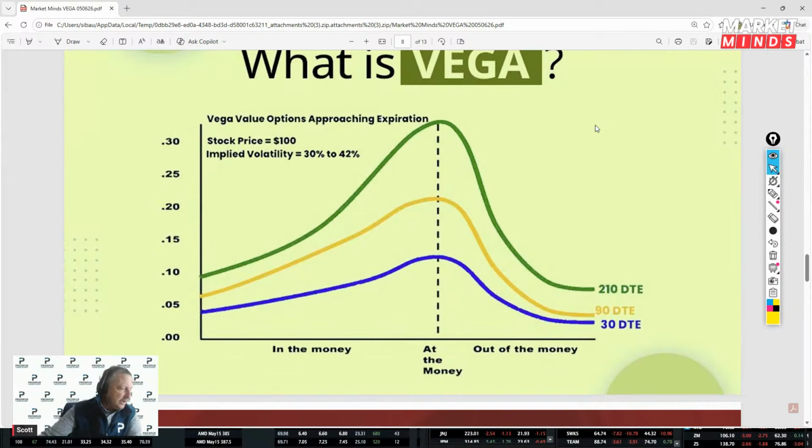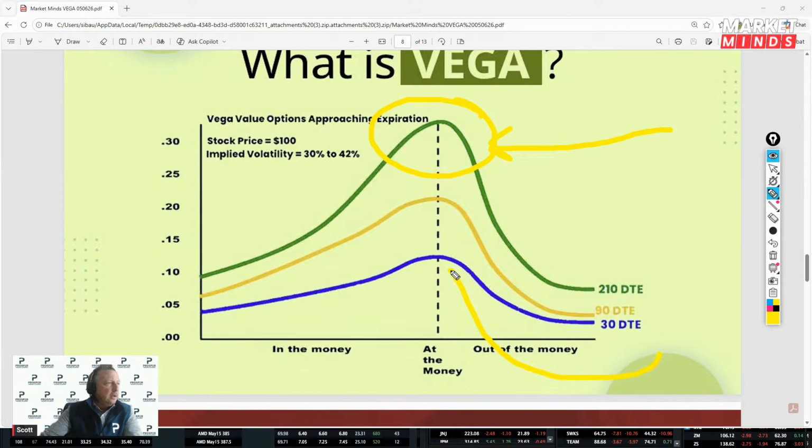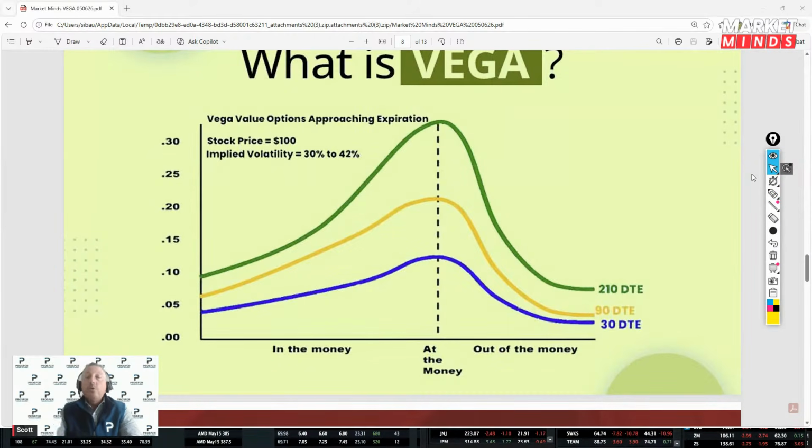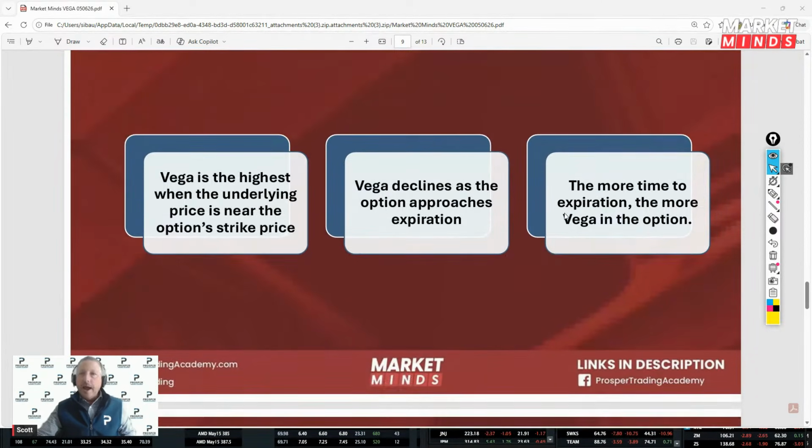What does this show us here? This shows us the longer we go out in time, the higher the Vega, because with anything, the more time you have, the more uncertainty there is, the more opportunity there is that something could happen. Does everybody understand that?